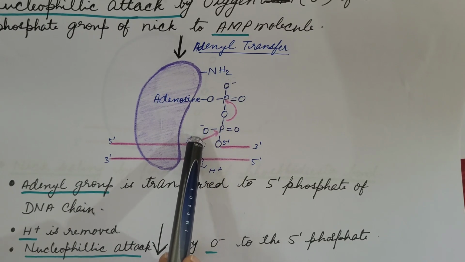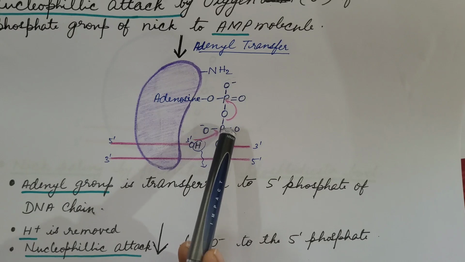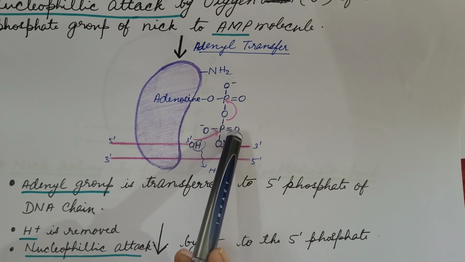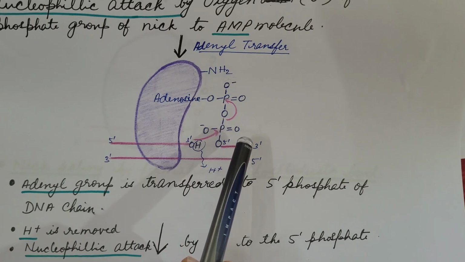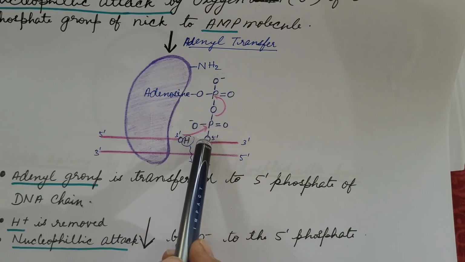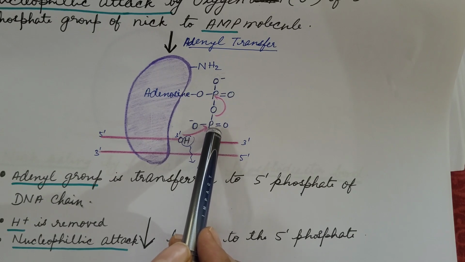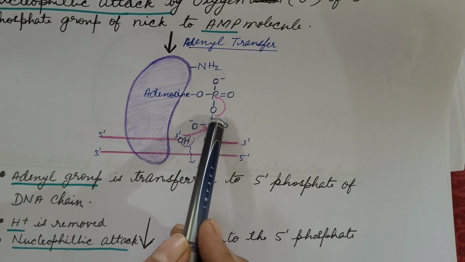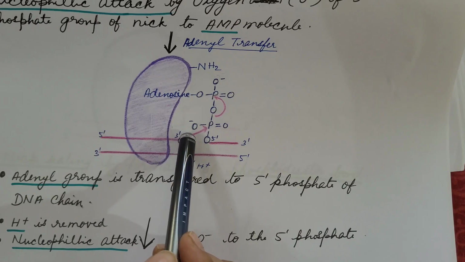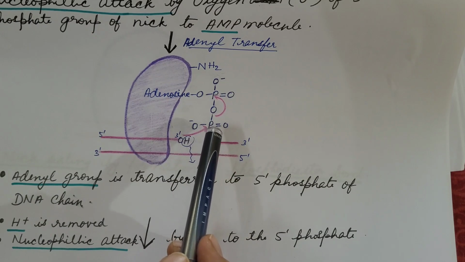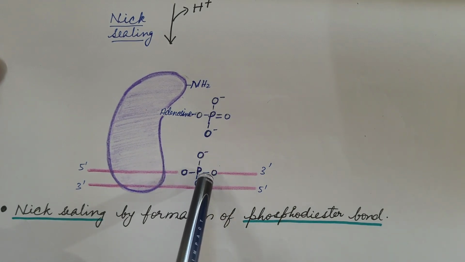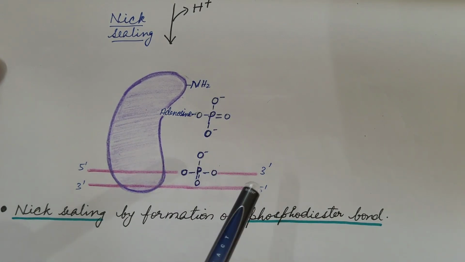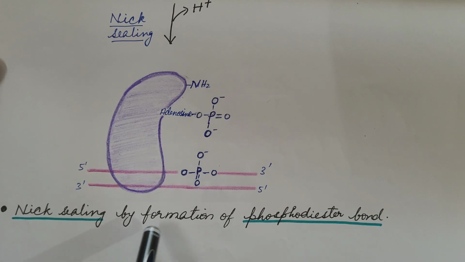Then the nucleophilic attack takes place by O minus on the 5' phosphate of the 5' end of the DNA chain. This AMP is then removed and a phosphodiester bond is formed between the 5' end of one DNA chain and the 3' end of the other DNA chain. This is known as nick sealing. So here the phosphodiester bond is formed and the nick is sealed.